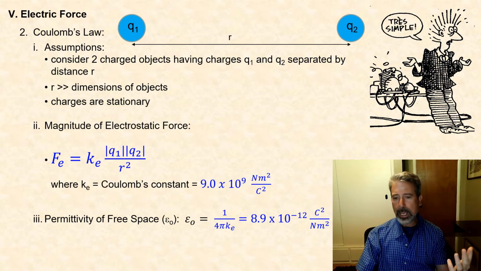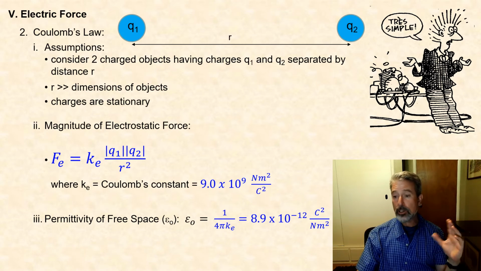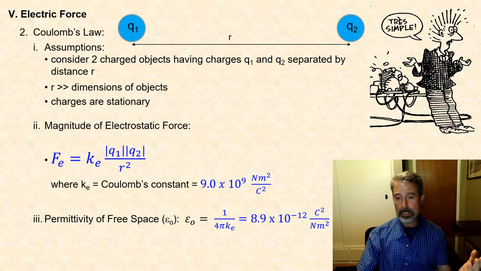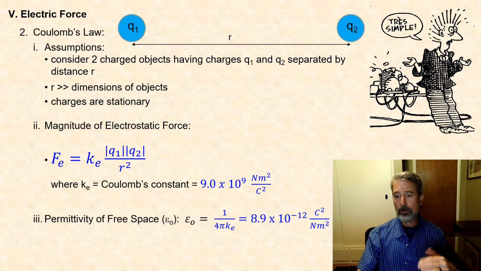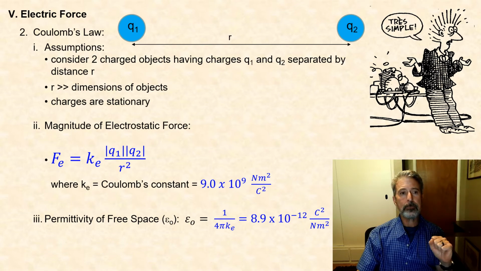You should understand that this is another constant that we will use in this course. This is in a Gaussian unit system, so we will be coming across this. And you see here that it is related to the Coulomb constant. The permittivity of free space, epsilon naught, is equal to 1 over 4 pi times the Coulomb constant, and vice versa. So given one of these constants, you can go from one to the other knowing this relationship.